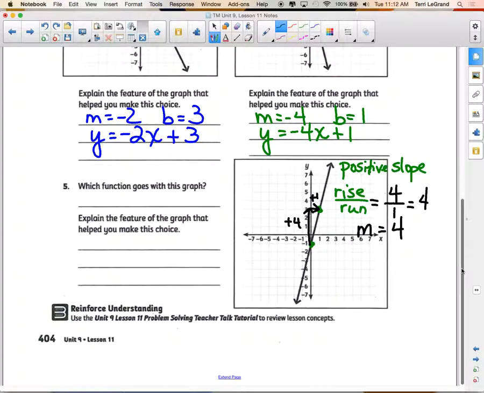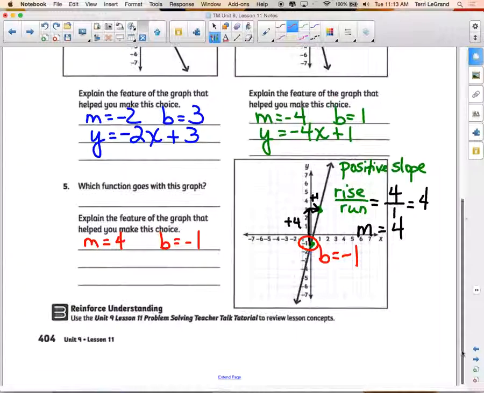Okay? And now we need a b value. What's our b value? -1. It's right here. It's not above the x-axis. It's crossing below. That makes a negative y value. So let's go over here to our explaining line. We have an m of 4. We have a b of -1.